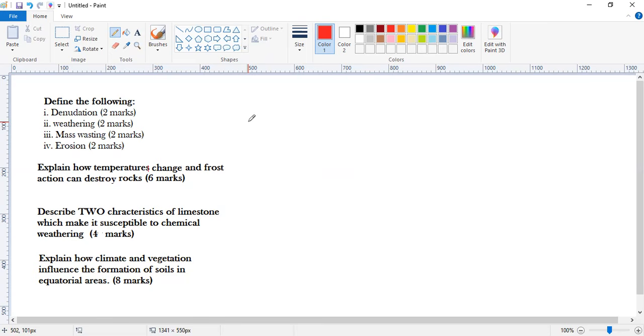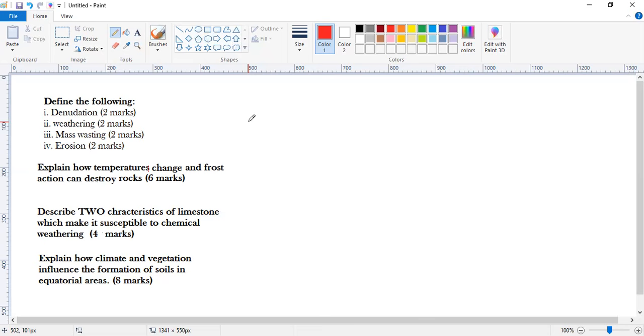Let's look at the third question. The third question is asking you to describe. It says describe 2 characteristics of limestone which make it susceptible to chemical weathering. And that is for 4 marks.